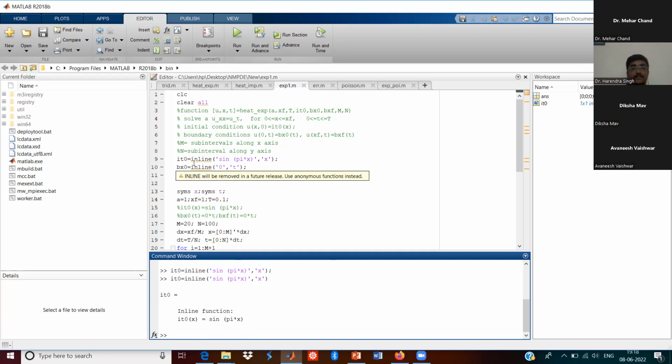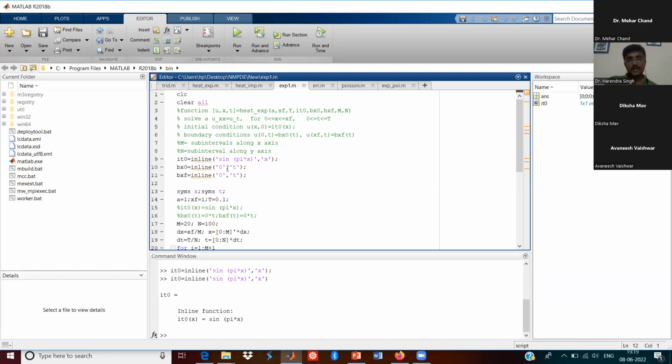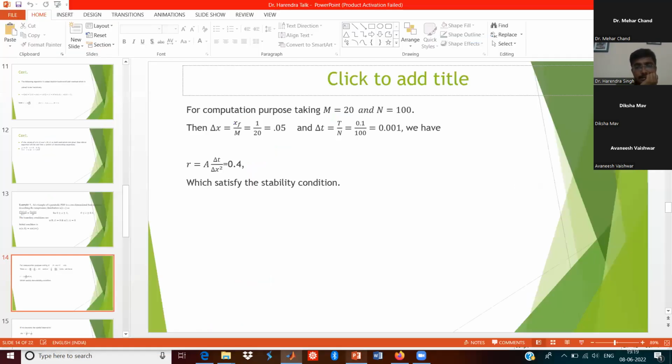For calling the function, you need the entries xf, t, it0, bx0, bxf, m, n. These constants you can enter easily, but for the function values it0, bx0, bxf you can use inline functions. An inline function can write your initial and boundary conditions explicitly. Now for bx0, I have taken the boundary condition 0, 0. This is the example I showed you in the slide.